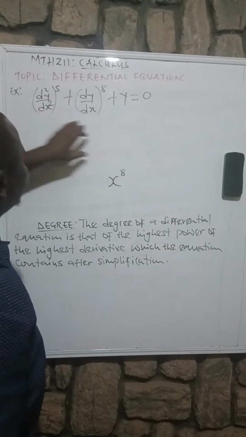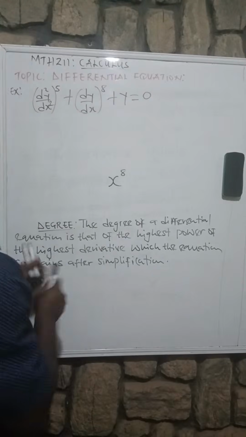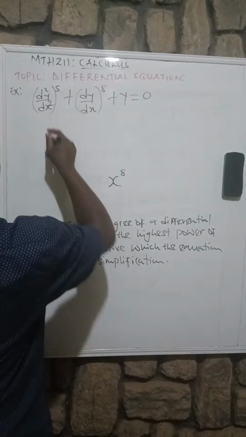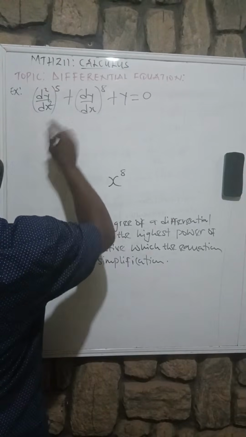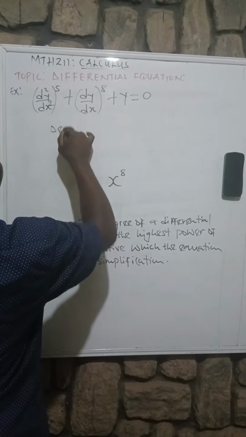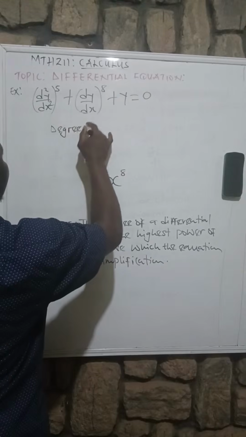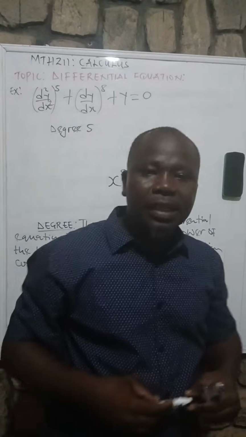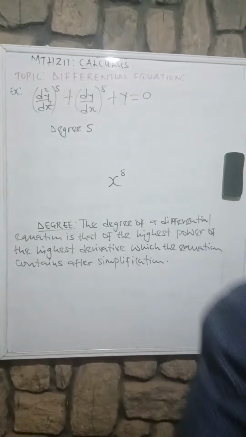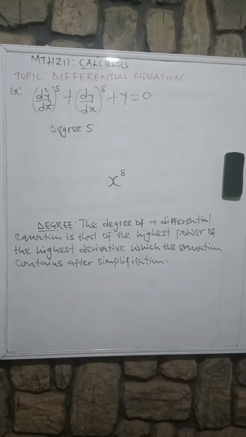So the degree of this differential equation is, you now write, degree 5. Do you understand? Any question?